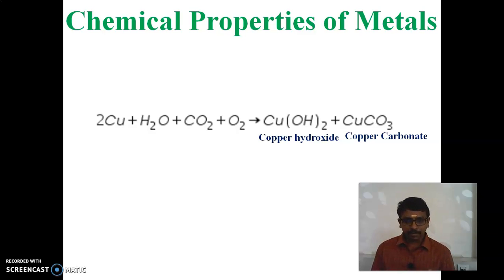When we apply it, the greenish layer is removed. Actually the greenish layer is a base, it's copper hydroxide and copper carbonate. So when we apply acid to it, the greenish layer can be removed.